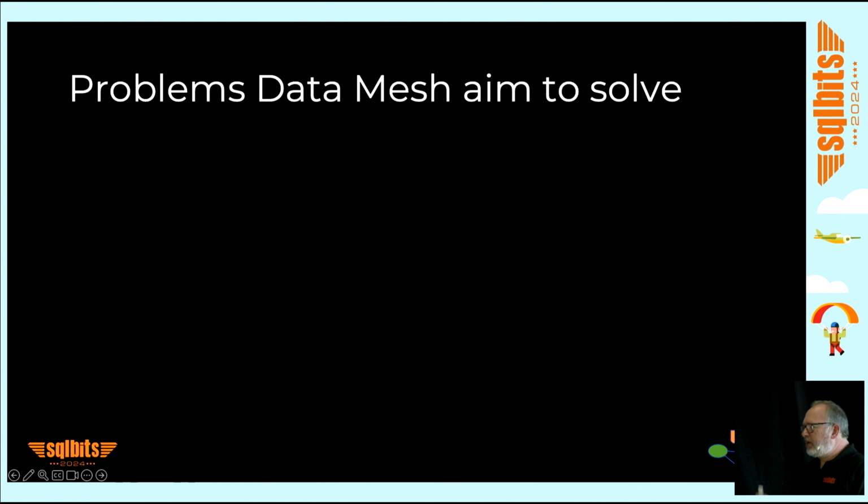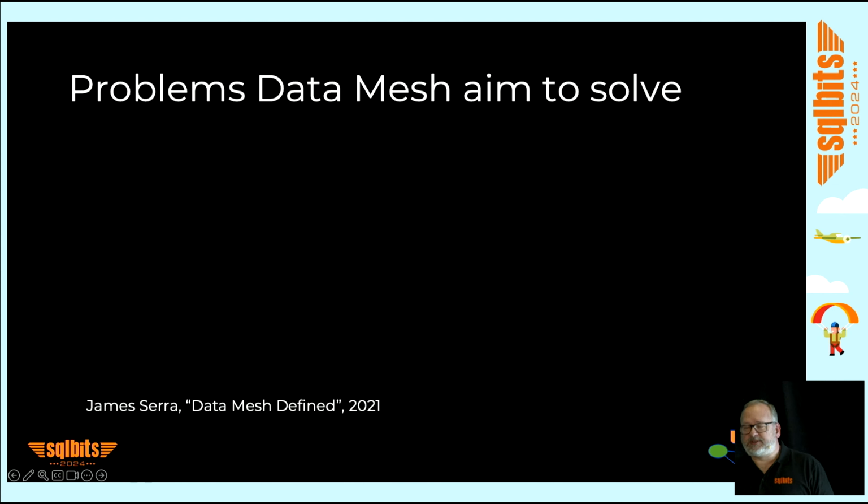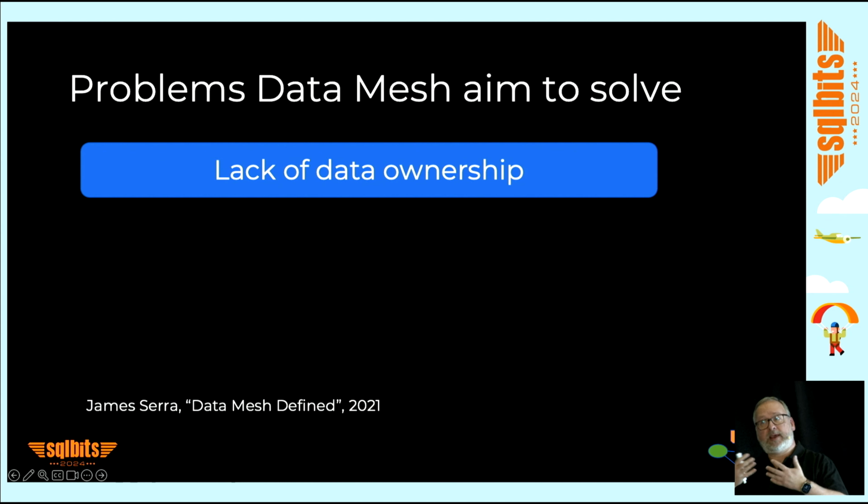There was an article written by a guy called James Serra. He's a consultant at Microsoft, and he wrote a blog post called Data Mesh Defined. And in this blog post, he summed this up in a really good way, I think. So first of all, it aims to solve the problem of the lack of data ownership.